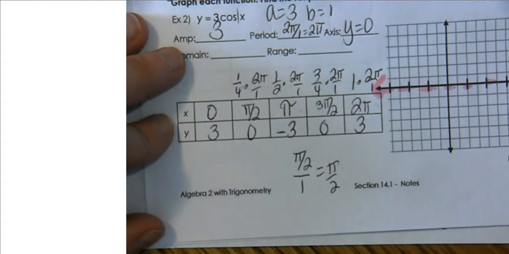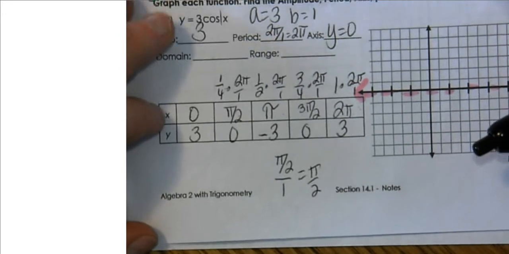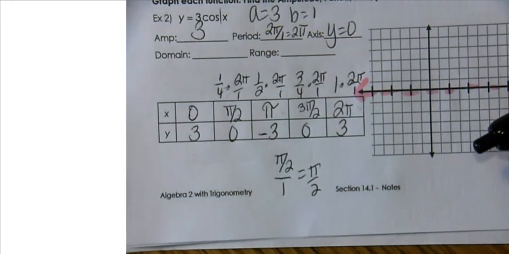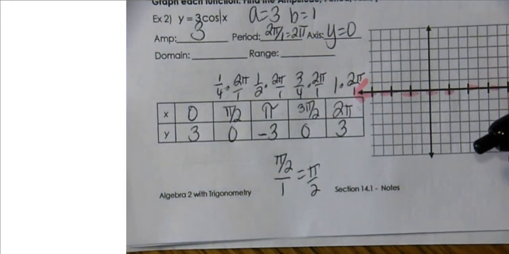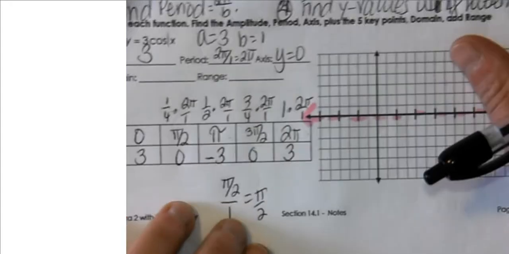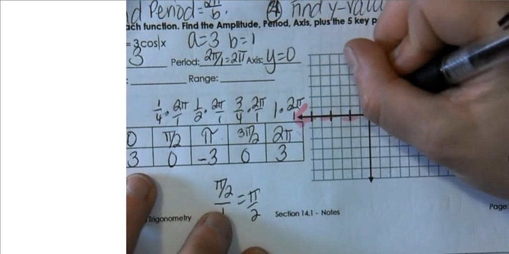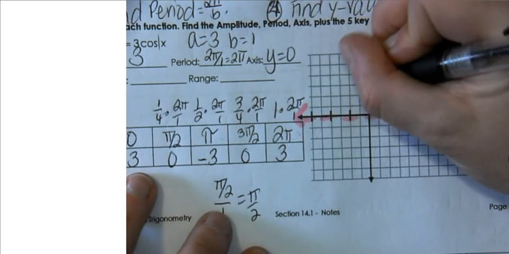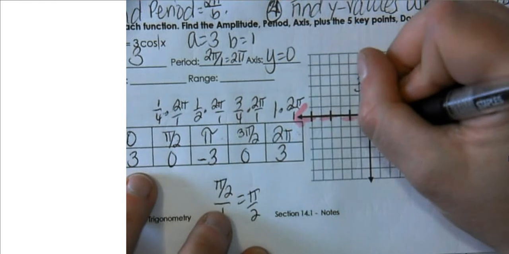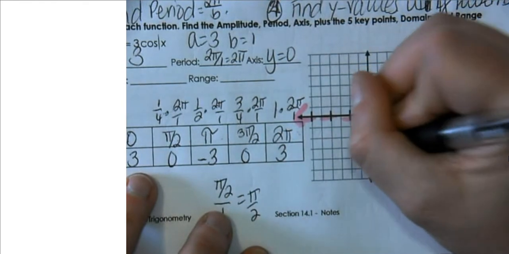All right, before I continue, I need to make sure that before I graph, I label my axes. So labeling axes is going to be a step that I need you to absolutely do. Since my maximum value is going to be 3, I'm going to mark up the number 3, and my minimum value is going to be negative 3. So I'm going to mark that up as well.